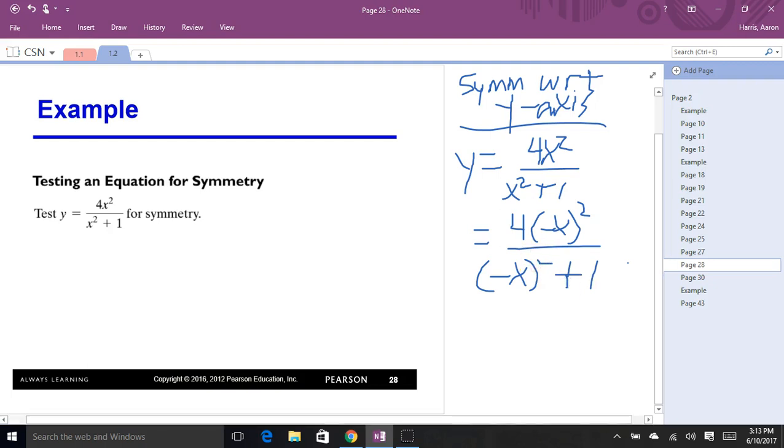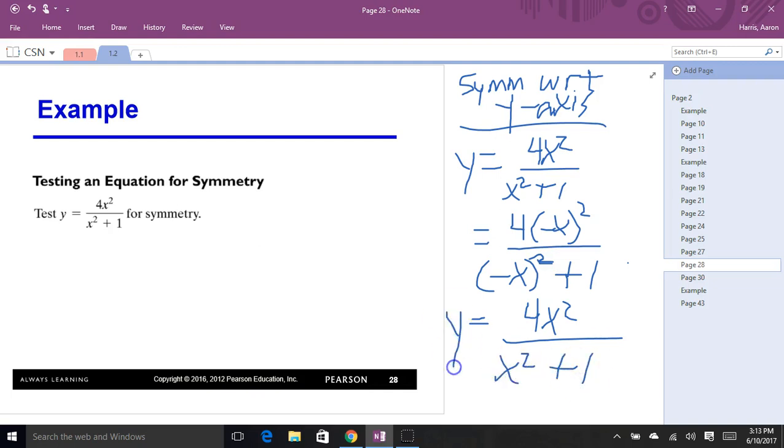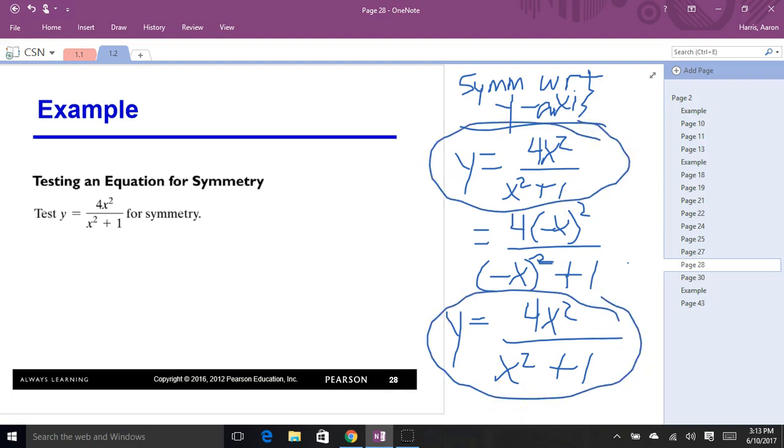And I've got negative x squared is just an x squared. So 4x squared. Down here I've got a negative x, and it's also squared. So that's x squared plus 1. And you notice, hey, look at that. That's the exact same thing I started with. So this is symmetric with respect to the y-axis.